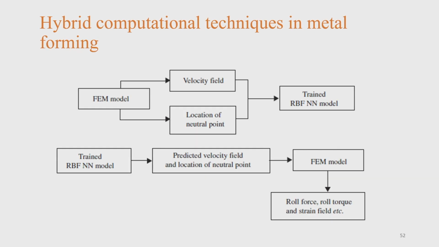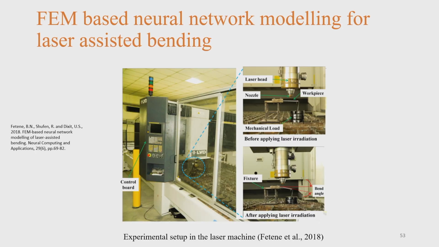So we can make use of hybrid computational techniques, that FEM is there, and then neural network is also there. Both things work together. FEM based neural network modeling of laser assisted bending was done, in which we collected a lot of data. We did some experiments also.